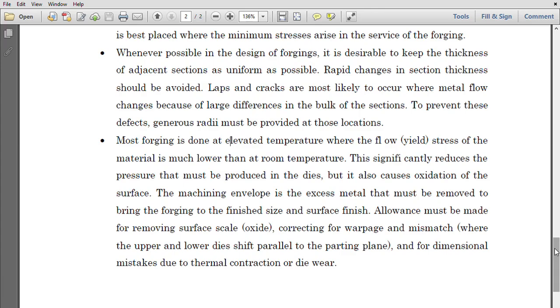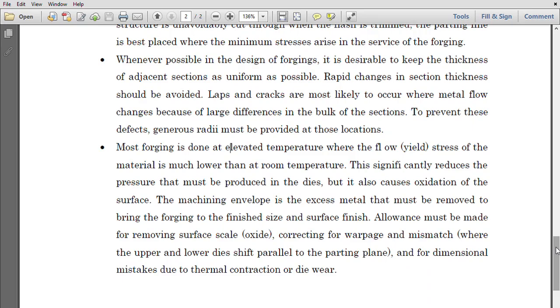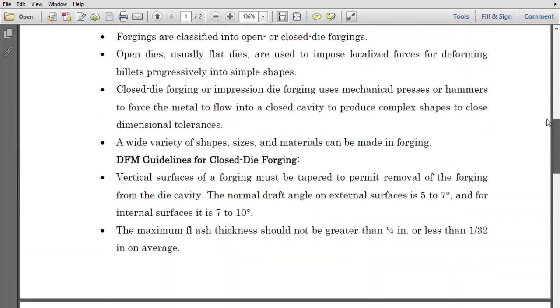In order to compensate for these defects, that is oxides, warpage and mismatch, and also to get good dimensional accuracy, we have to provide extra material for the forged part. That means we have to provide a machining allowance. In addition to the taper allowance, that means draft allowance, we have to provide machining allowance also for the forging. Right? These are all the DFM guidelines for the closed die forging.